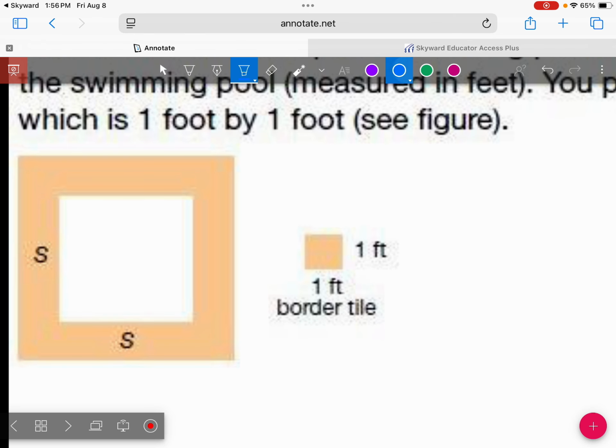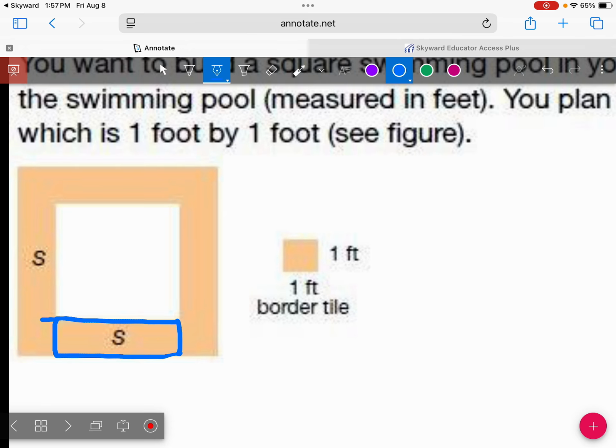So what we're doing is we're calling the length of the side of my pool S, which means I can think of this as a rectangle of size S. Same thing on this side. I can think of this as a rectangle of size S. And the tiles that we're buying are 1 foot by 1 foot, so we tend to call this a 1.